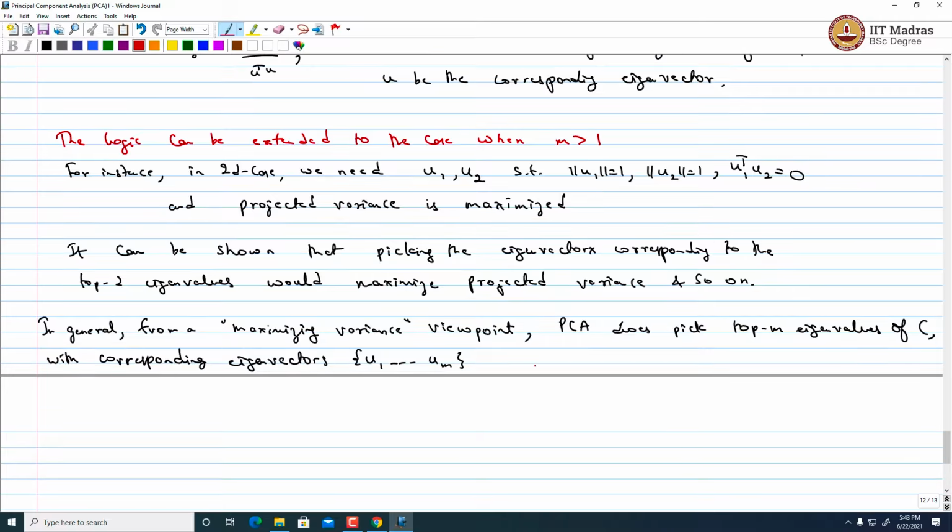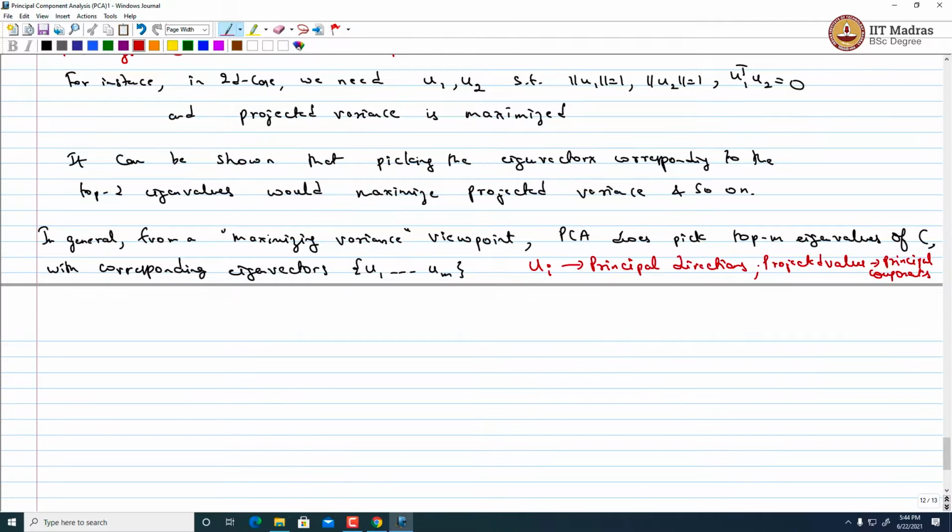Here is where the nomenclature comes. So the ui are the principal directions, and whatever you project is the principal component. The projected values would be the principal components. So much for the projected variance.